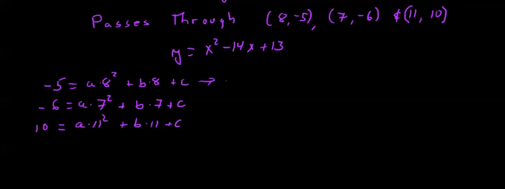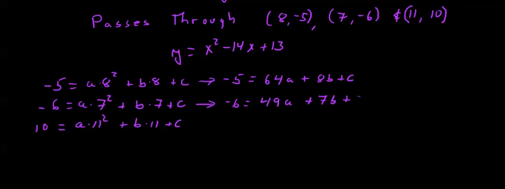And we end up with negative 5 equals 64a plus 8b plus c. Negative 6 equals 49a plus 7b plus c. And lastly, 10 equals 121a plus 11b plus c.